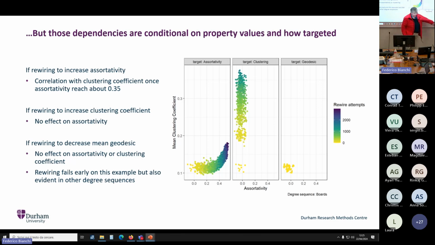And this particular one, the geodesics, didn't really get pushed that much. It's too small a network. But we're also exploring how properties are coupled or able to be uncoupled, so that if you do want to create networks that are realistic on this property, you know whether you also have to worry about some other properties.